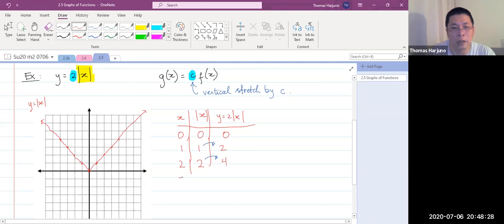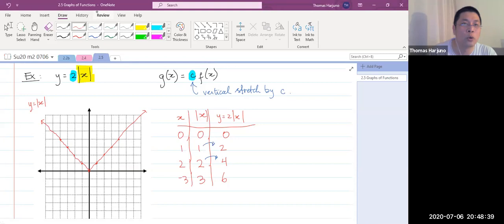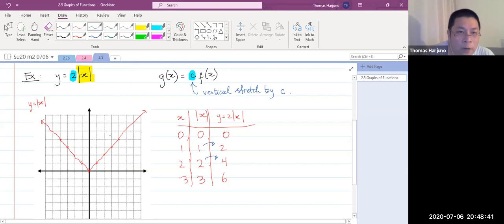Likewise, when I plug in, let's say, negative 3, x equals negative 3, then absolute of x is 3. And when I double it, it becomes 6. So whatever the y that you have in red, now you double it. The y of 1 becomes 2, the y of 2 becomes 4, the y of 3 becomes 6.